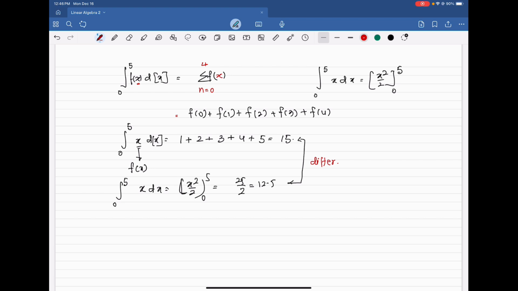Now once you have understood this concept, can you calculate the integral from 0 to 5 of e to the power of x d⌈x⌉, with respect to the smallest integer function, or ceiling function? Then this is the function x.